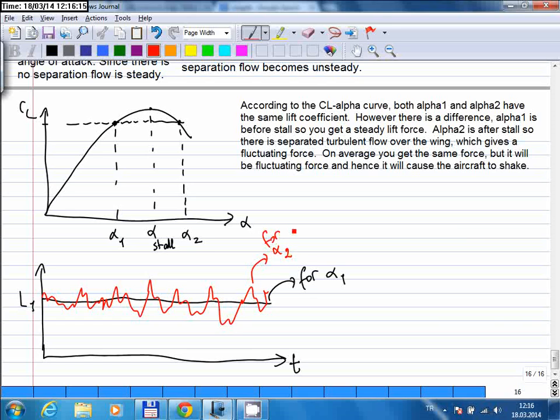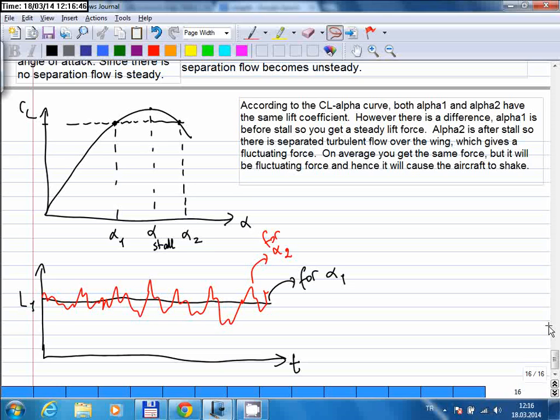For alpha 2, okay? So on average, you get the same force, but there's a huge difference between them. So in this second case where the wing has stalled already, you have a wild turbulent flow over the wing, which causes the lift force to fluctuate very rapidly, and that will give you a rapidly changing or fluctuating lift force, and an aircraft flying in that area will be experiencing wild shakings due to this changing force.